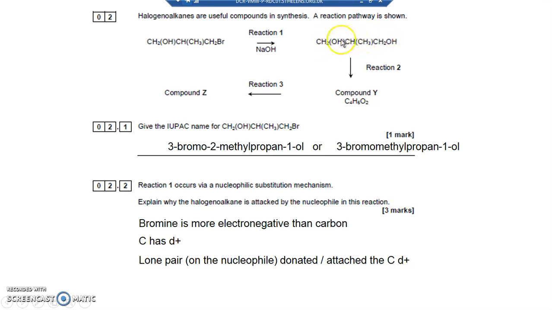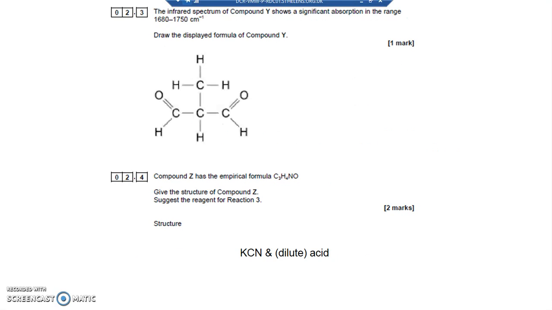So both of those OHs, both those alcohols, have been oxidized to aldehydes in reaction 2, probably by something like acidified potassium dichromate. There we go. So the OHs have been oxidized to aldehyde groups at carbons 1 and 3, and we've still got the methyl group at number 2.